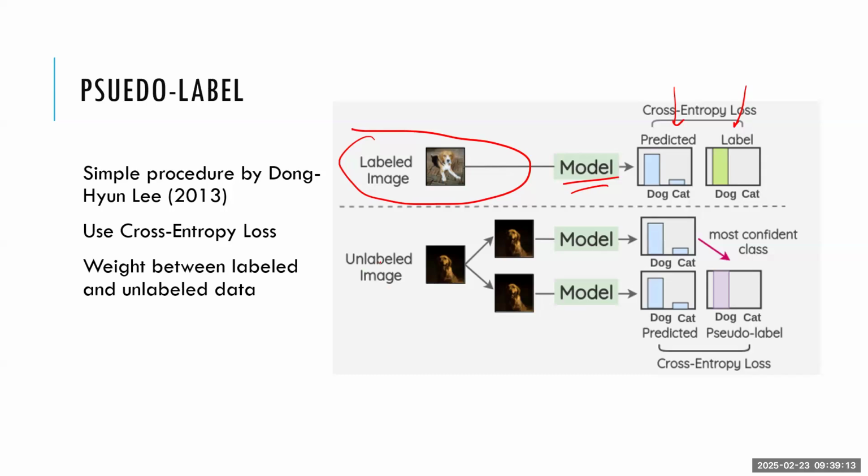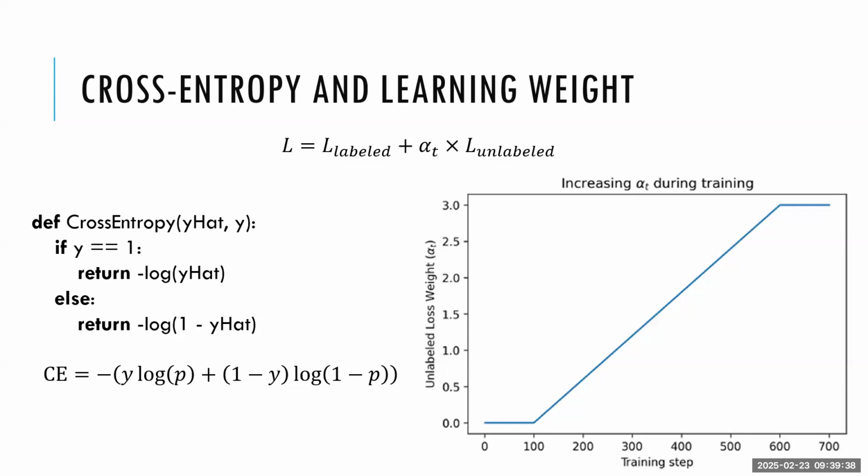And then when you have unlabeled images, you pass them to the model, and then you also use the cross entropy loss the same way. But instead of just adding them, we have the loss for the labeled data, and then we have the loss of the unlabeled data.